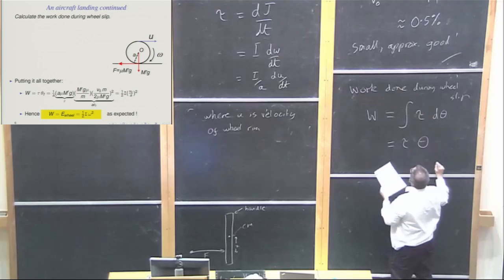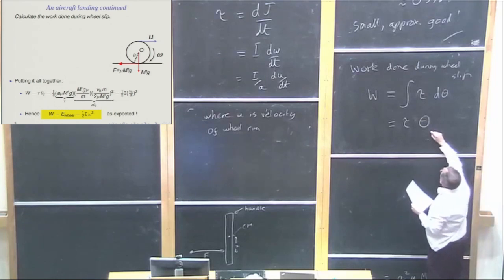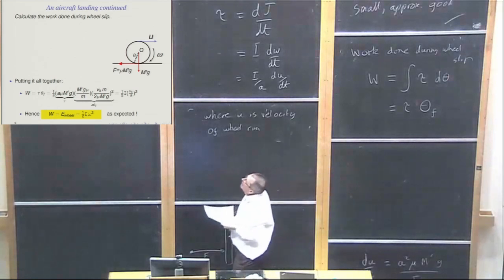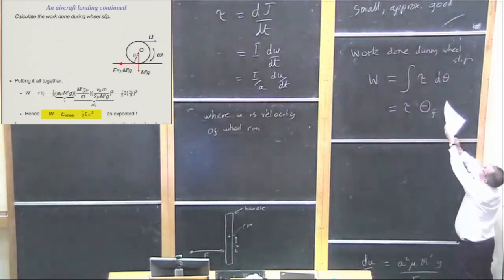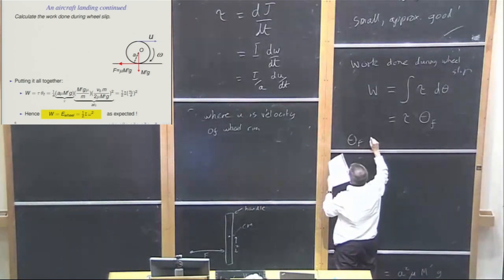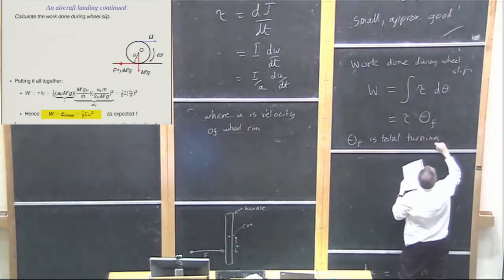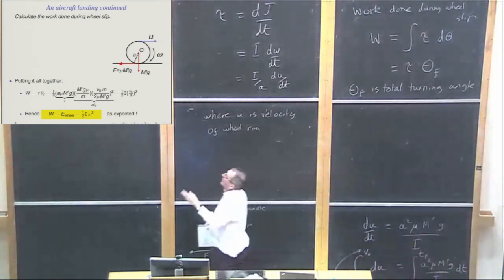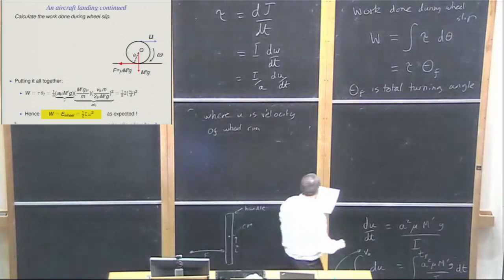We can write this as a straight multiplication because the torque is a constant, because the torque just depends on the mass, so that doesn't change. So it becomes an integral over delta theta. So I've written theta f, and theta f is the total turning angle. That's how much the wheel turns by, and we assume that the wheel's going to spin a lot, so it will be more than 2 pi, but that's still allowed.